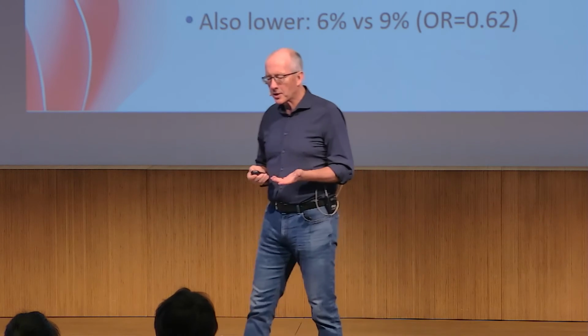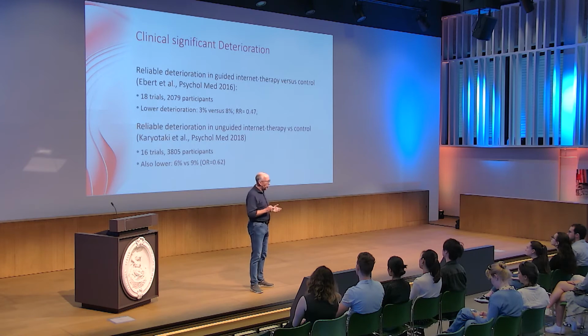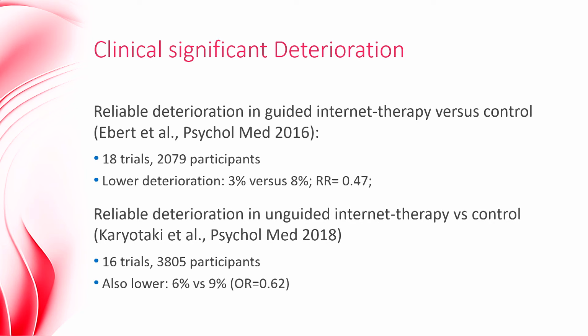Well, and these IPD meta-analyses also have the advantage that you can look at rare outcomes like deterioration. Usually not many people deteriorate during a treatment, but there is a small group of people who do actually get worse.